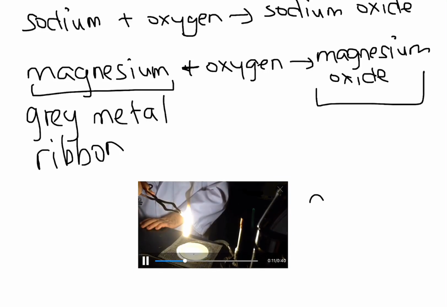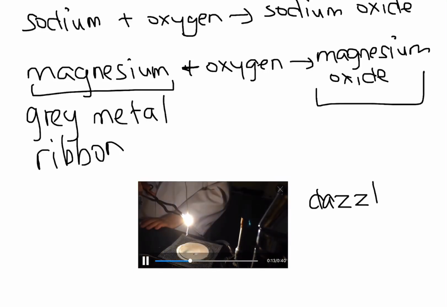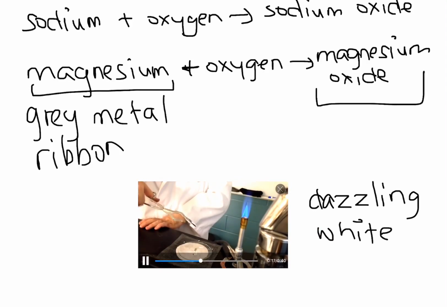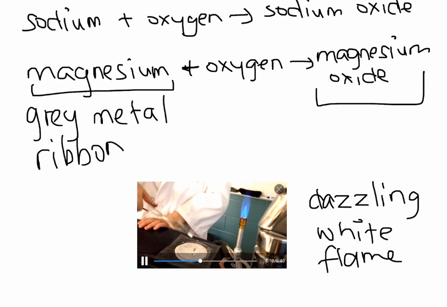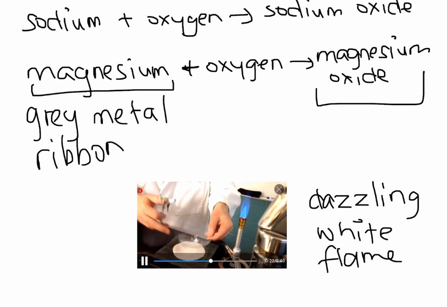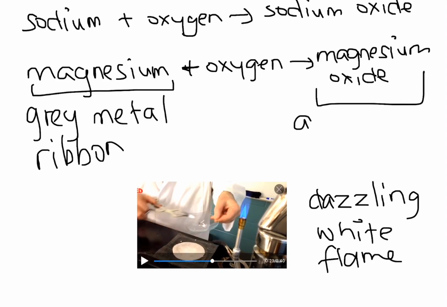This is called a dazzling white flame. And as you can see, this is giving magnesium oxide in the form of an ash. So this is a white ash.